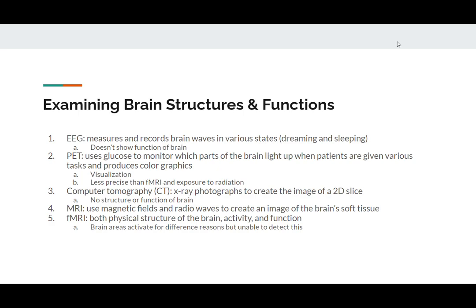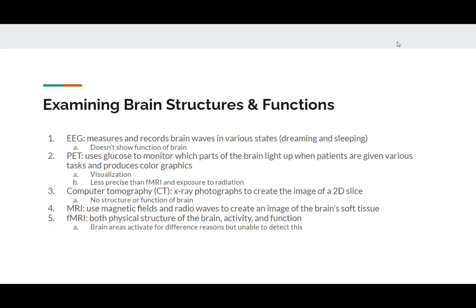Electroencephalograms (EEG) and positron emission tomography (PET) scans are both ways in which we can see the activity of the brain. EEGs measure and record brain waves in various states, such as dreaming and sleeping, to study cognition. PETs use glucose to monitor which parts of the brain light up when patients are given various tasks, and produce color graphics. Using PETs, you could visualize changes in the brain as it functions.